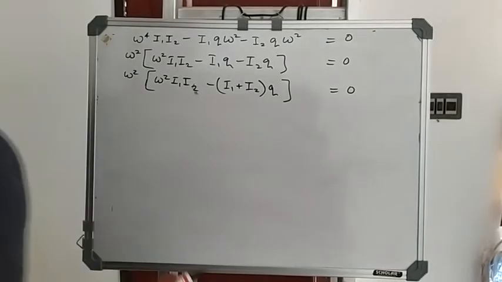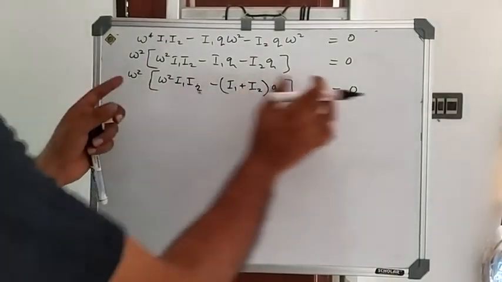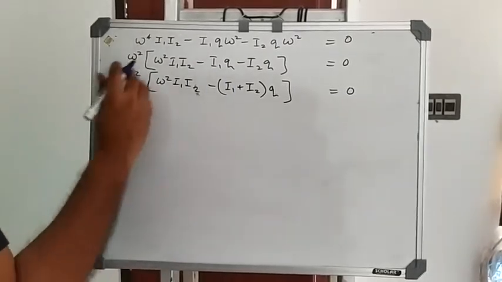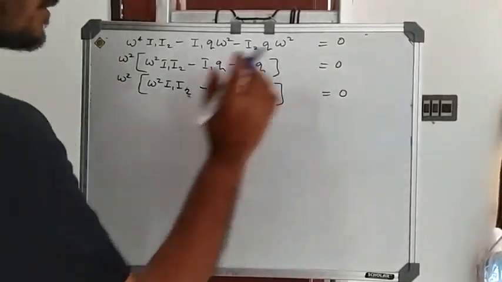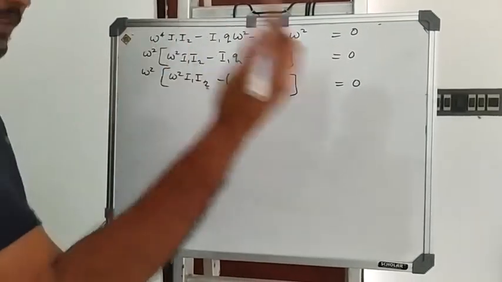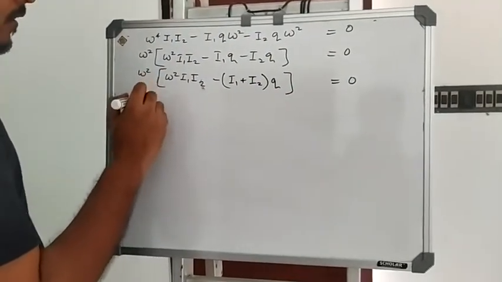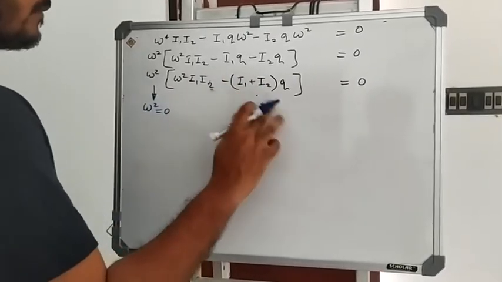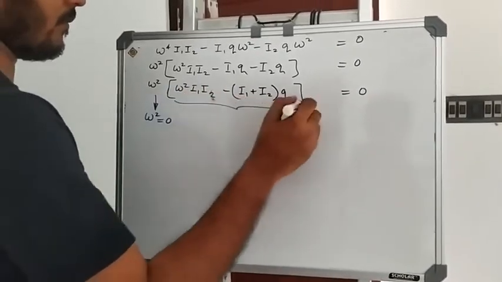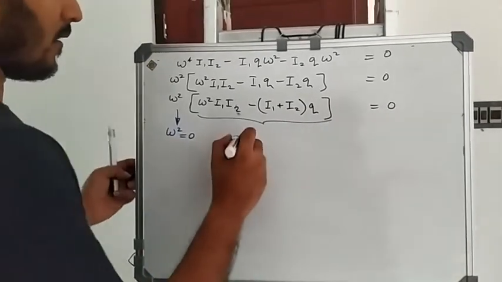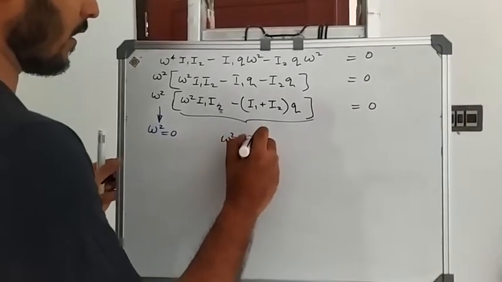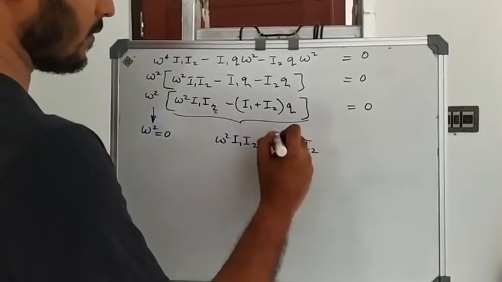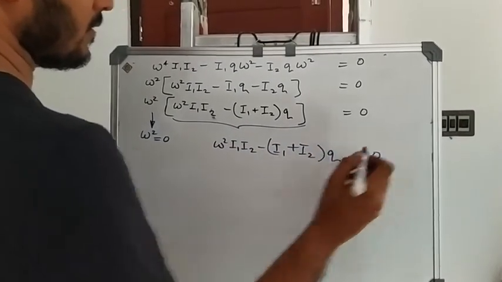Again we have reached a homogeneous equation with two sets of terms. That means to solve this, either this term multiplied by this term equals 0. So for this equation to be satisfied, either omega square must be equal to 0, or the second collective term, that means omega square I1 I2 minus I1 plus I2 into q, should be equal to 0.